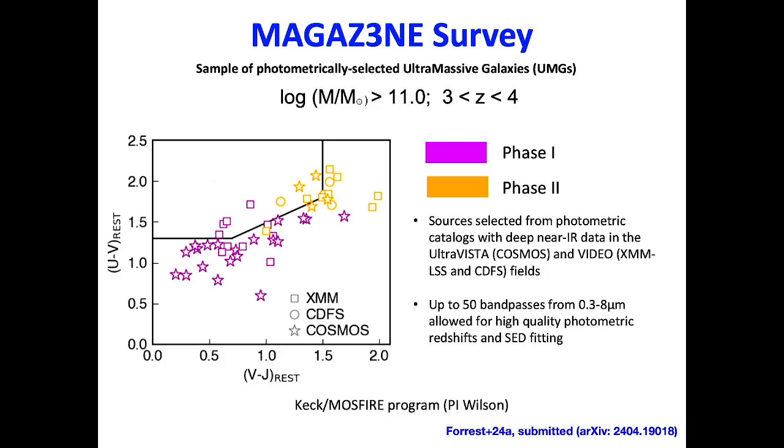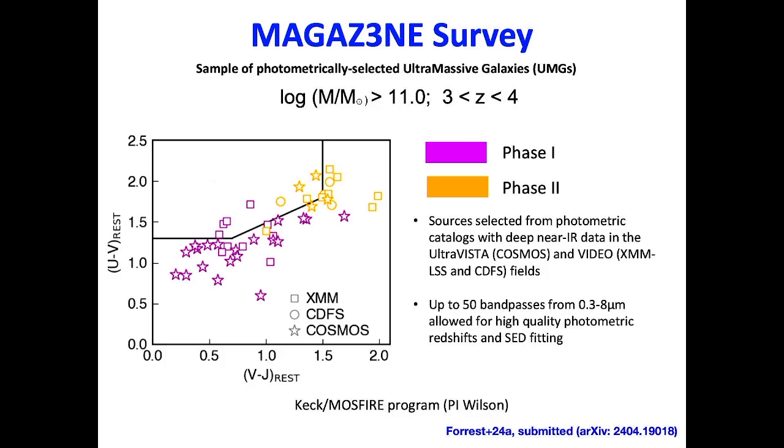They're selected from catalogs which have deep near-IR data in the UltraVISTA and VIDEO fields. And because we've got up to 50 bandpasses between 0.3 and 8 microns, that means that we have pretty good high-quality photometric redshifts and SED fitting.